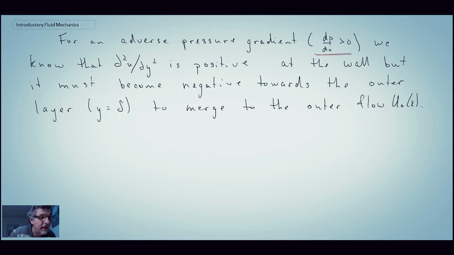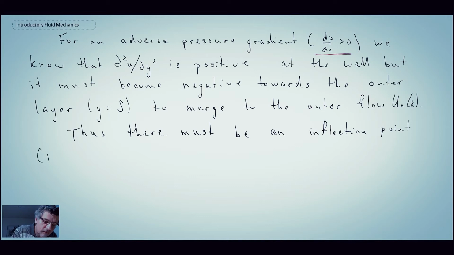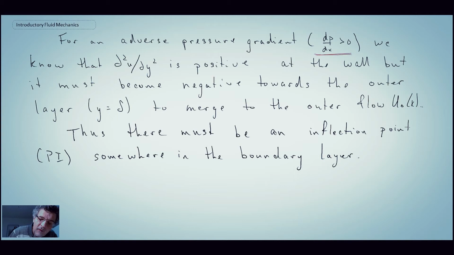And consequently, we can make the statement that when we're dealing with adverse pressure gradients, there will be an inflection point at some location above the wall within the flow field. And where that is has implications for what is going on within the boundary layer.